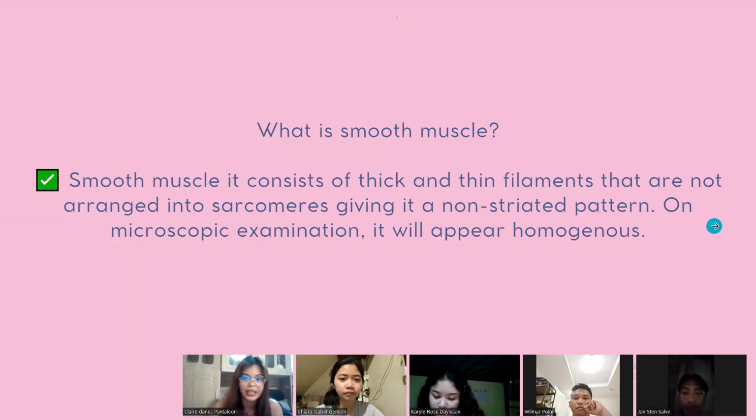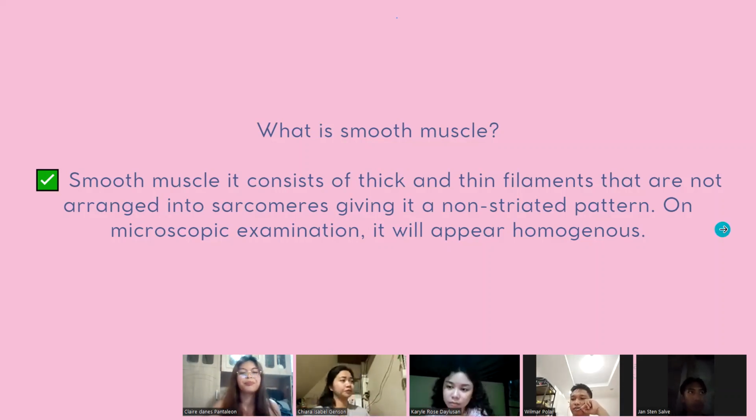If you guys see the smooth muscle under a microscope, you can differentiate the smooth muscle and the cardiac muscle, because again, the smooth muscle doesn't have striations and the cardiac muscle has striations. Okay, sorry about that.